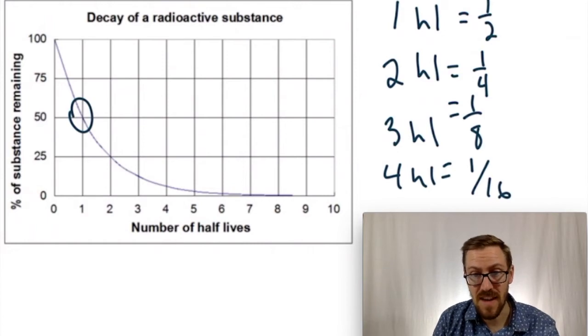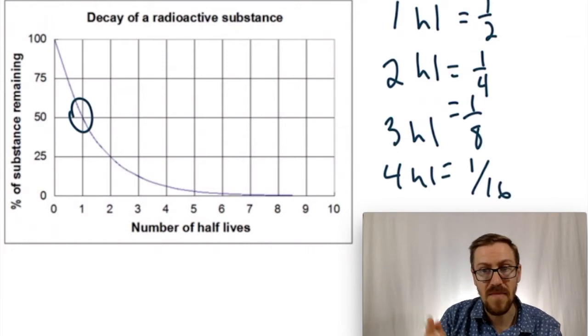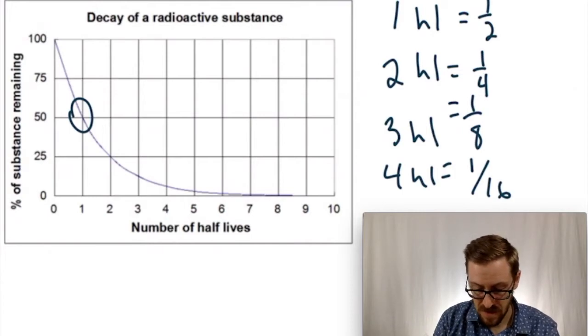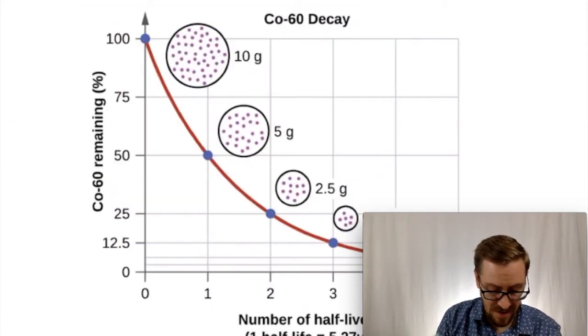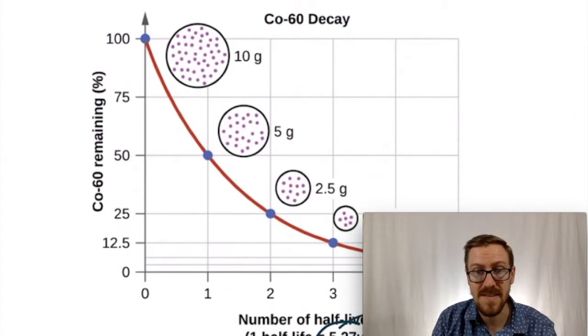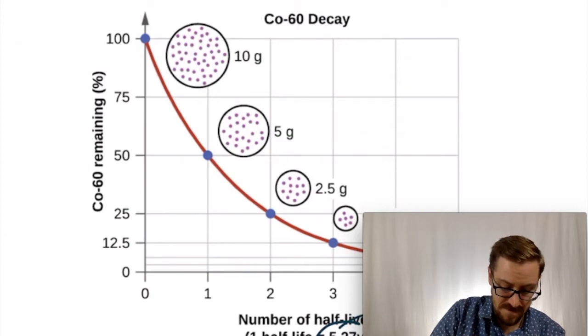That's the definition of a half-life. 2 half-lives is 1/4, 3 is 1/8, 4 is 1/16. So the way this works is that if each half-life is 5.27 years, if you know what fraction is left, you can figure out how old the sample is.